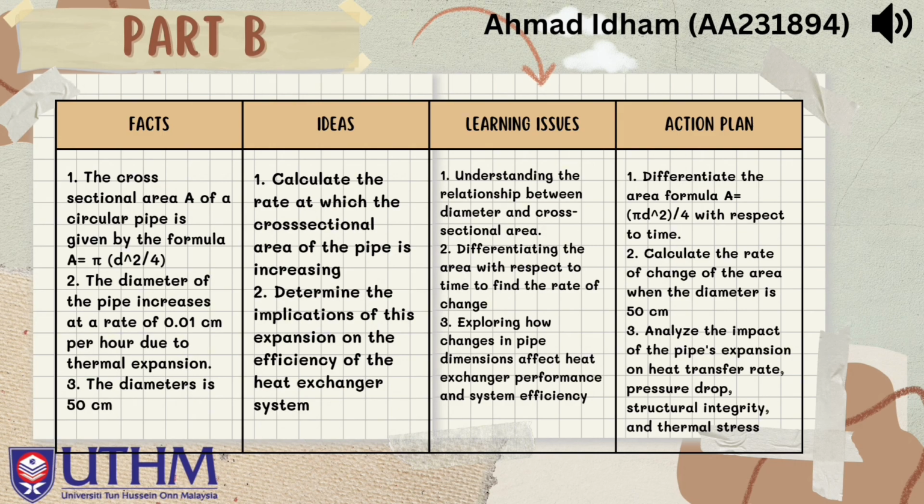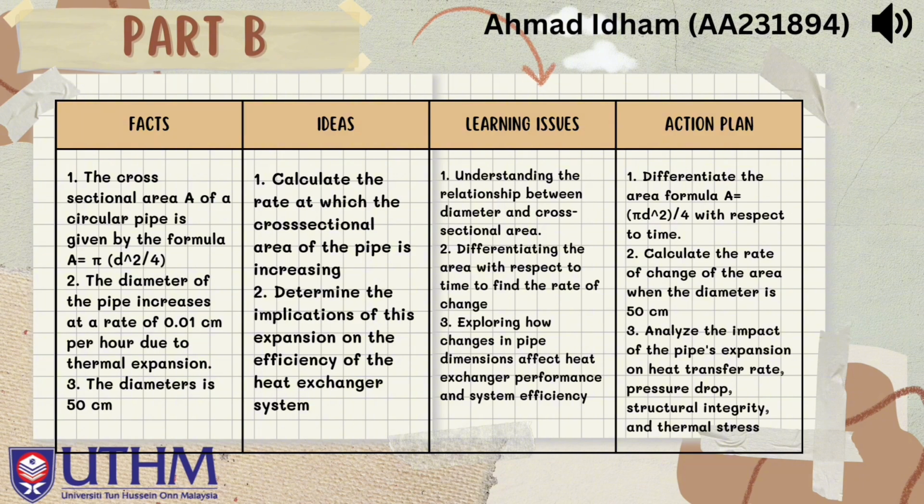Learning issue. Number 1. Understanding the relationship between diameter and cross-sectional area. Number 2. Differentiating the area with respect to time to find the rate of change. Number 3. Exploring how change in pipe dimension affects heat exchanger performance and system efficiency. Action plan number 1.